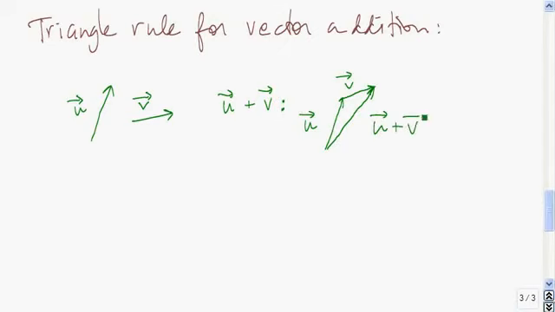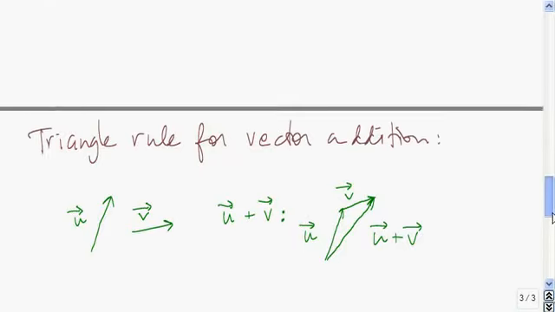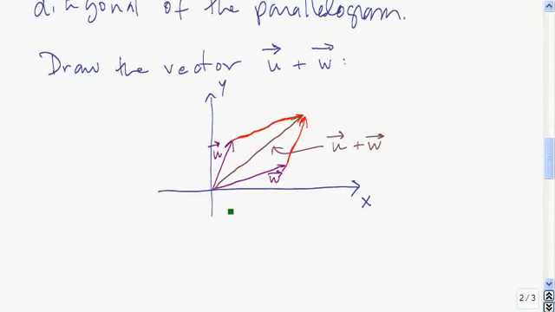We can also see that over here in the parallelogram. Here we have our vector u. Recall that this was a vector w, and we can see that the diagonal of this parallelogram, viewed in terms of the triangle, is the third side of the triangle.